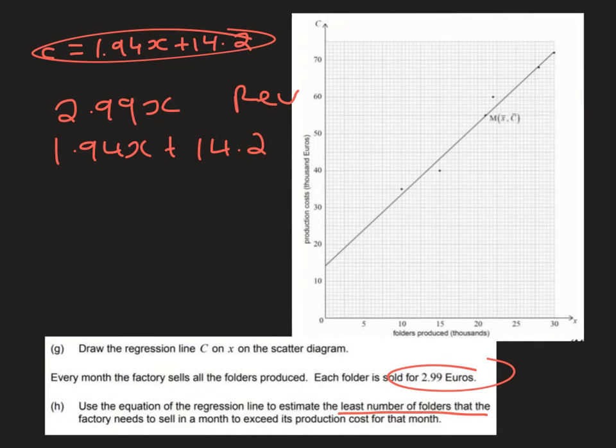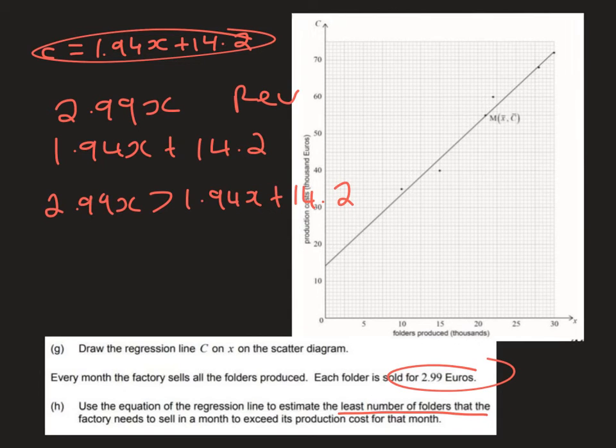So we want to know the minimum number to make sure that it exceeds its production costs. So in effect, we want to make sure that the revenue is greater than the costs. So that is the inequality that we want to set up there.